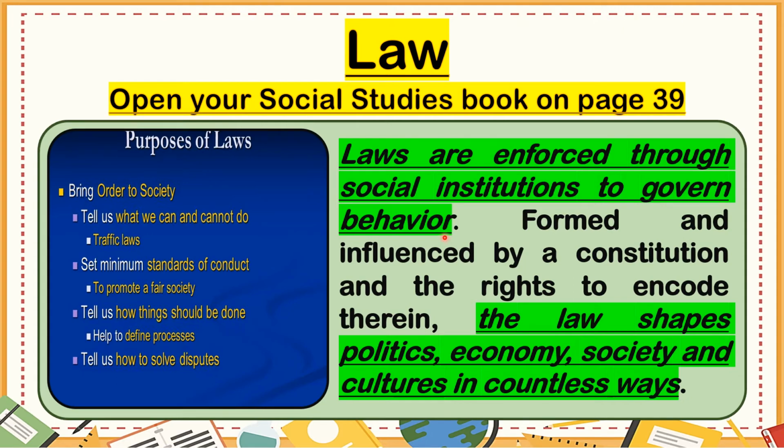It may appear in your midterm exam. If you did not see any word in here, in your book, it means it's not important, so you don't have to highlight them. So class, laws are enforced through social institution to govern behavior for people to follow.